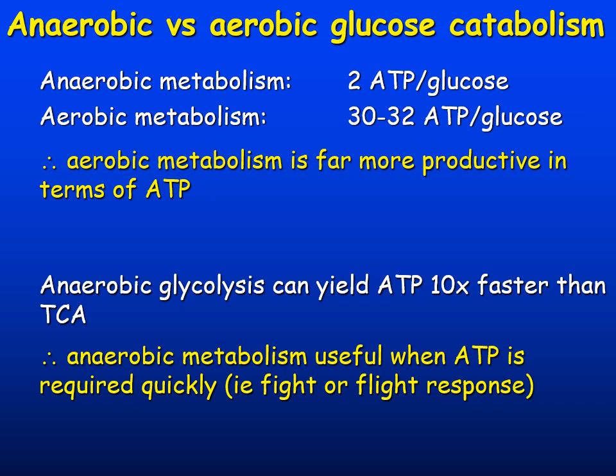And the other key advantage of anaerobic metabolism is that glycolysis, which is the pathway that underpins it, can be accelerated massively. In fact, it can yield ATP up to 10 times faster than the TCA cycle when it's been accelerated maximally.